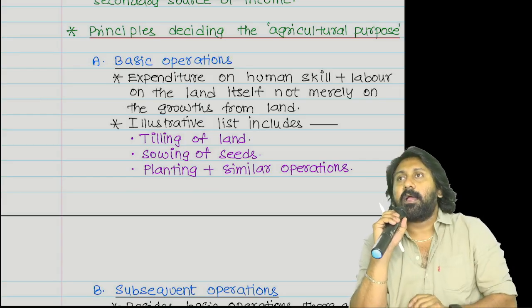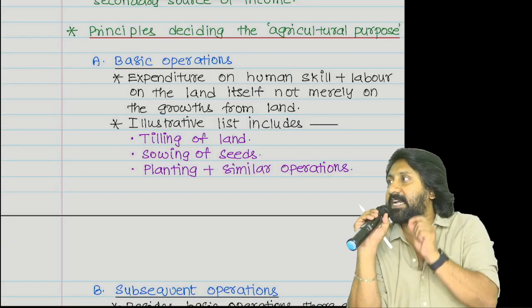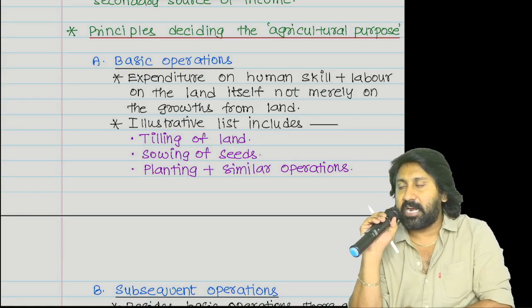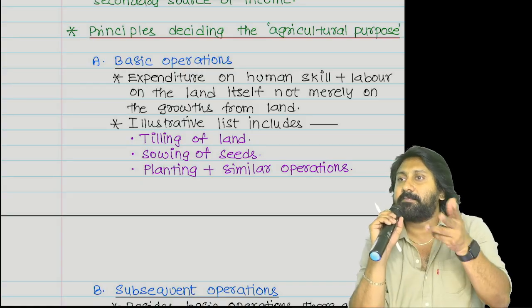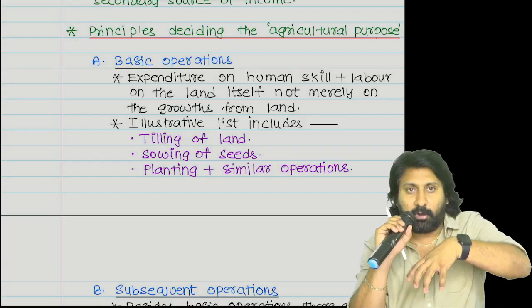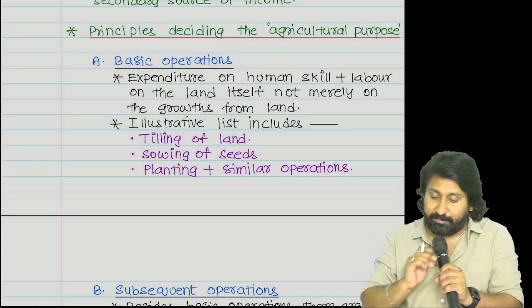First tell me, I am having fertilizer business. I am having pesticide business. Where will the product be used? Now you answer my question.